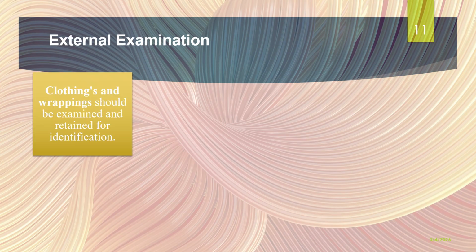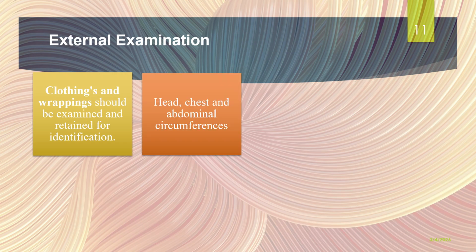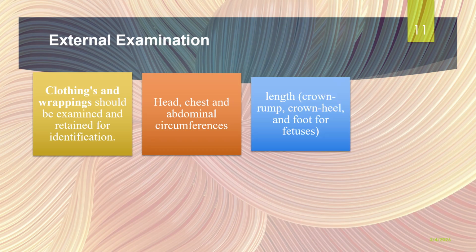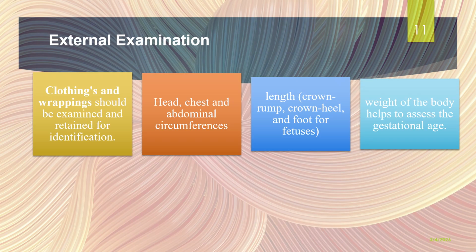Now, external examination. Clothing and wrapping should be examined for identification. Then head, chest, and abdominal circumference should be noted down. Then length, that is crown-rump and crown-heel length, and foot length have to be measured for the fetus. Weight of the baby helps to assess the gestational age.